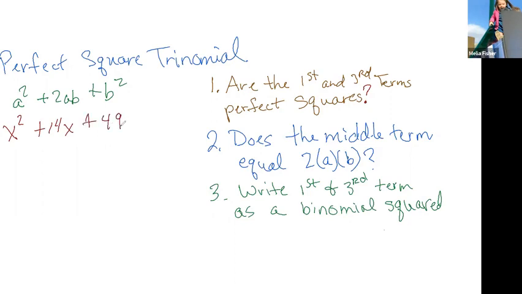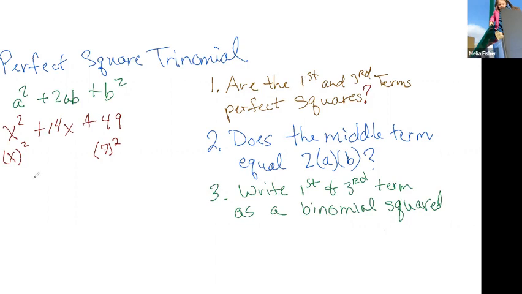Okay, is the first term a perfect square? Yeah, we've got x squared, so the square root would just be x, right? And the last term, what's the square root of 49? 7, so that's really 7 squared right there. Is the middle term 2 times x times 7?